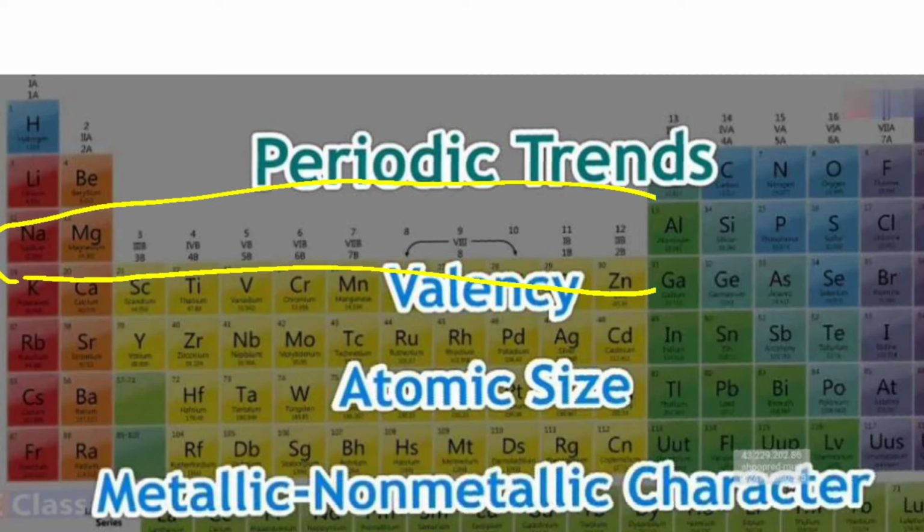The same type of trend is observed in almost all the periods. So you can say that metalloids are in between. There is one zigzag line, besides which the metalloid stays, and towards the left of it we have the metals, and towards the right of it you have the non-metals. So fine, across a period we understood.